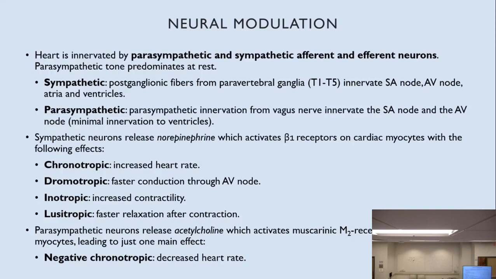Because remember, the contractility has to do with the contractile fibers, and the contractile fibers have no or minimal parasympathetic innervation. And also, the relaxation velocity is the contractile working fibers that have minimal innervation by the parasympathetic nervous system. So it's going to affect only the heart rate. Okay?